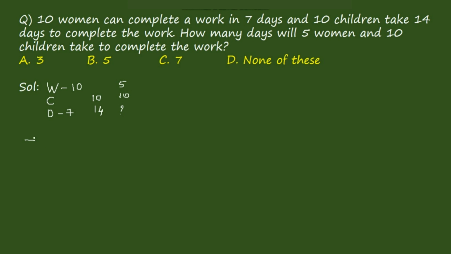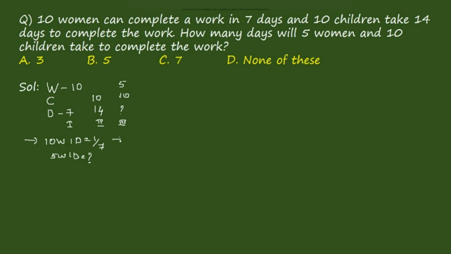What do we do in this case? We take this one as 1, this as 2, and this one as 3. Coming to the first one, it is given that 10 women 1 day work is equal to 1 by 7. In the question, it is asking for 5 women. Then 5 women 1 day work we have to find out.